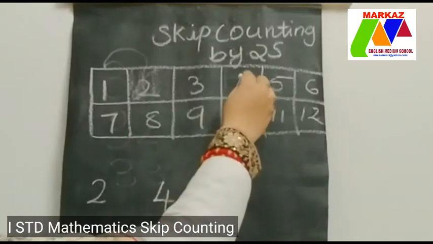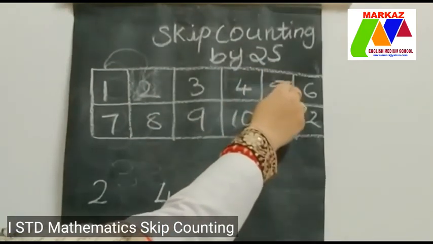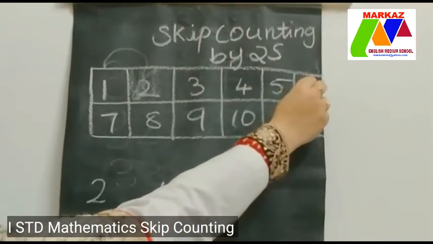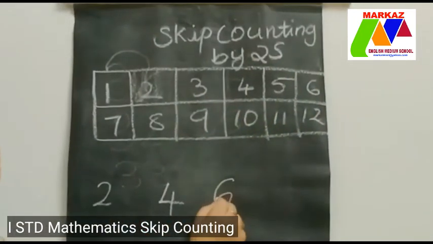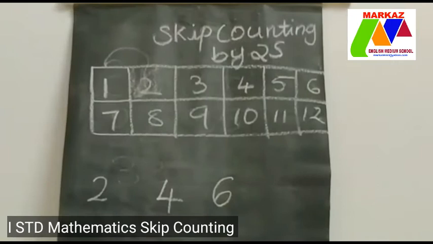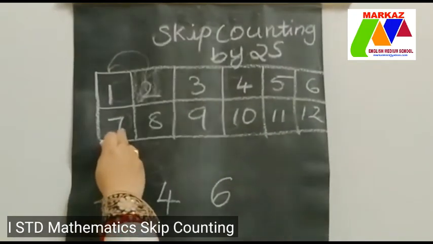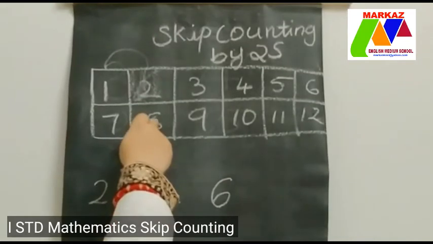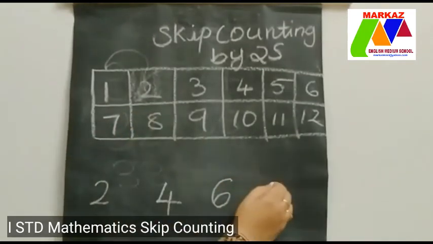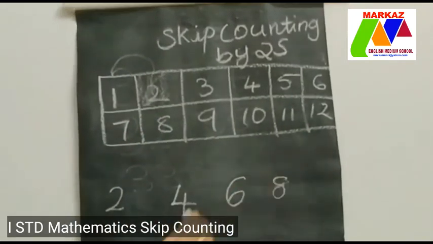Clear? Next, we skip another number, then jump to the next number, that means 6. Clear? Then we skip another number, then jump to the next number, that means 8.